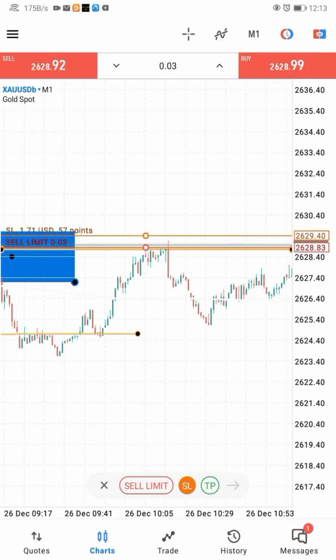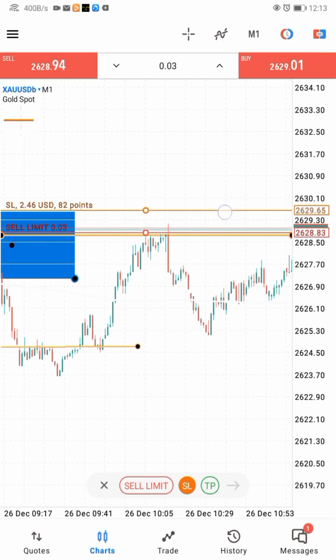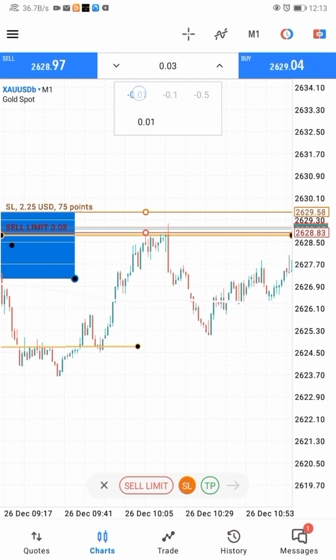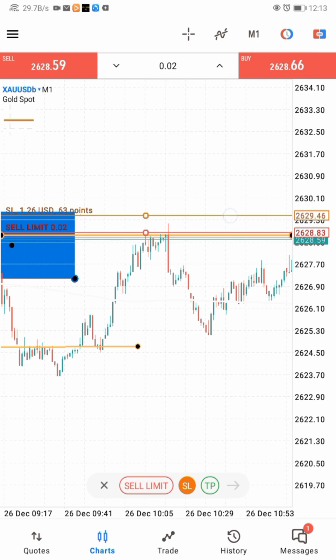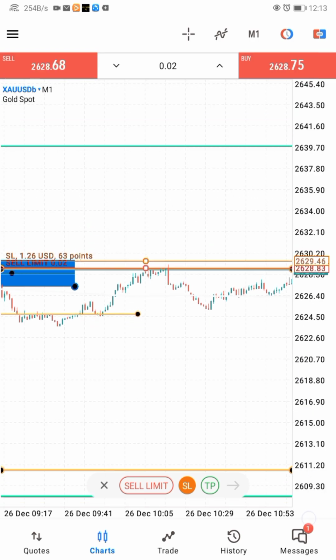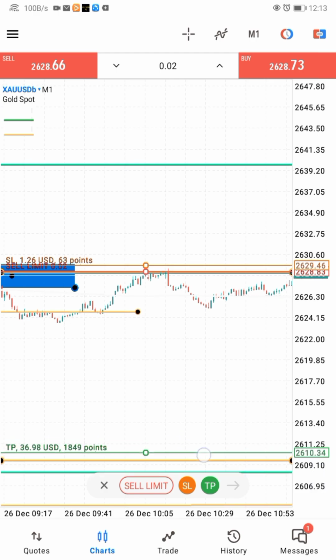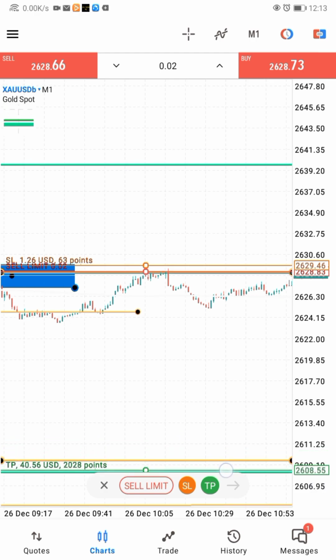So I placed the trade with 0.02, expecting to risk very small. The stop loss was $1.60. I was expecting to take my profit around $40, around this zone.